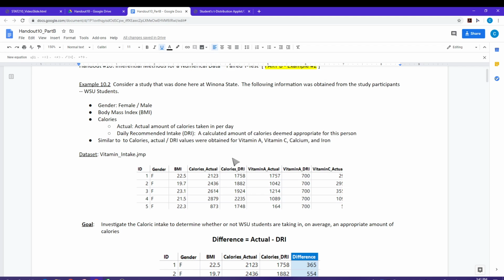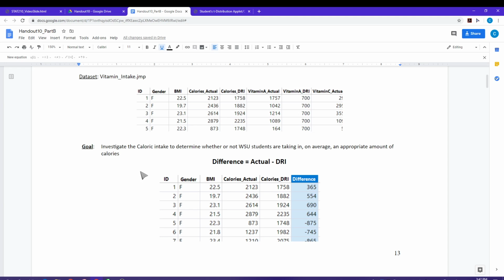And what they wanted to do was just simply compare the amount that was actually taken in against what should have been taken in, or against their DRI number. We have information on calories, vitamin A, vitamin C, calcium, and iron as well. But for Handout 10 Part B, we will just be looking at calories here.